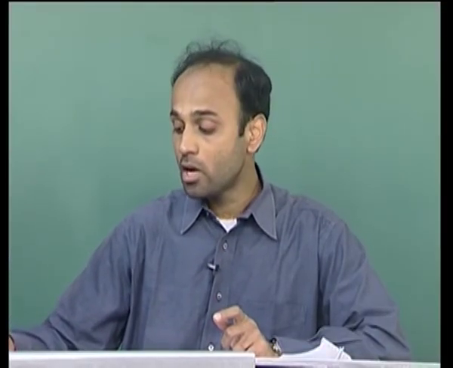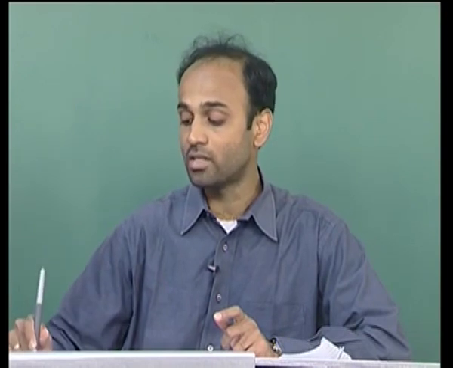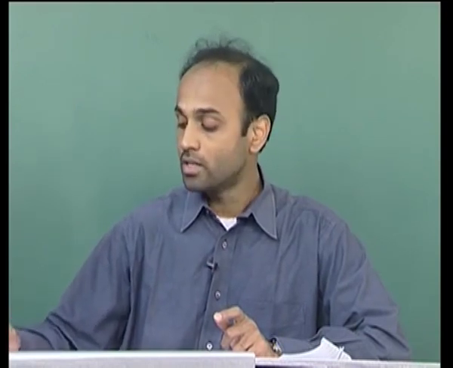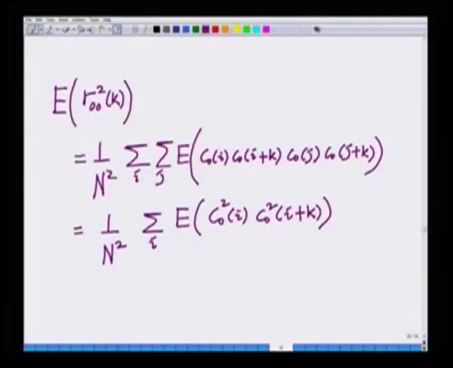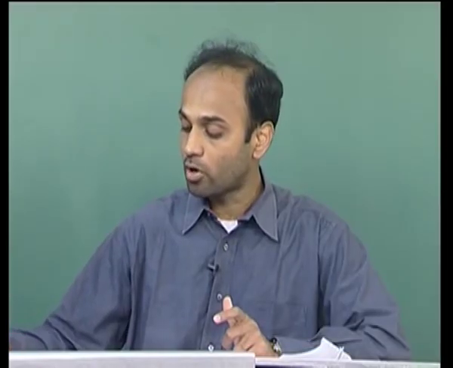When i equals j, we have C_0 squared[i] and C_0 squared[i+k]. Remember, C_0[i] and C_0[i+k] are both plus or minus 1, so both squares are equal to 1, hence this product is 1.